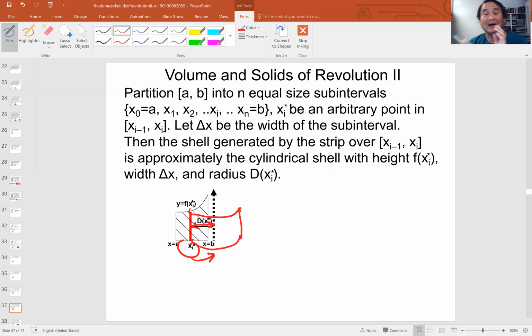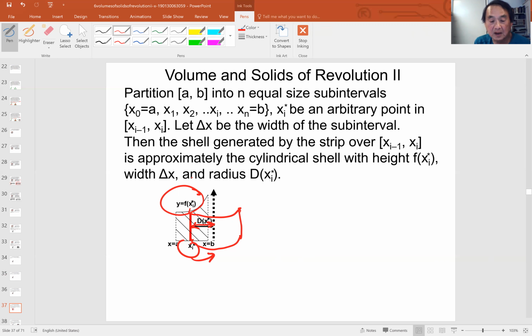Okay, so at this point you have to clearly understand which direction the axis is, to the left or to the right, because the distance has to be the right-hand point subtract the left-hand point. So at this point you have to think of who's on the right and who's on the left in order to extract this distance. Okay, and now of course, what's the height?